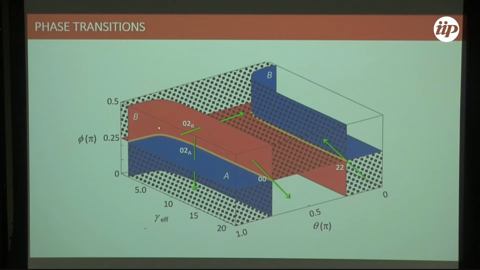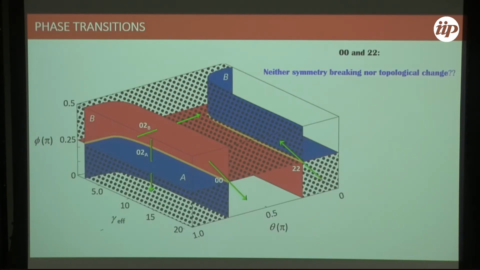I can go from a trivial insulator to a topological insulator through the critical surface B or through the critical plane A, but I can also go from trivial to trivial or topological to topological, crossing exactly at the multicritical line, this yellow line. And these kinds of transitions are very intriguing in that they are neither symmetry breaking nor topological, because the topology and the symmetry on both sides of the multicritical point are the same.